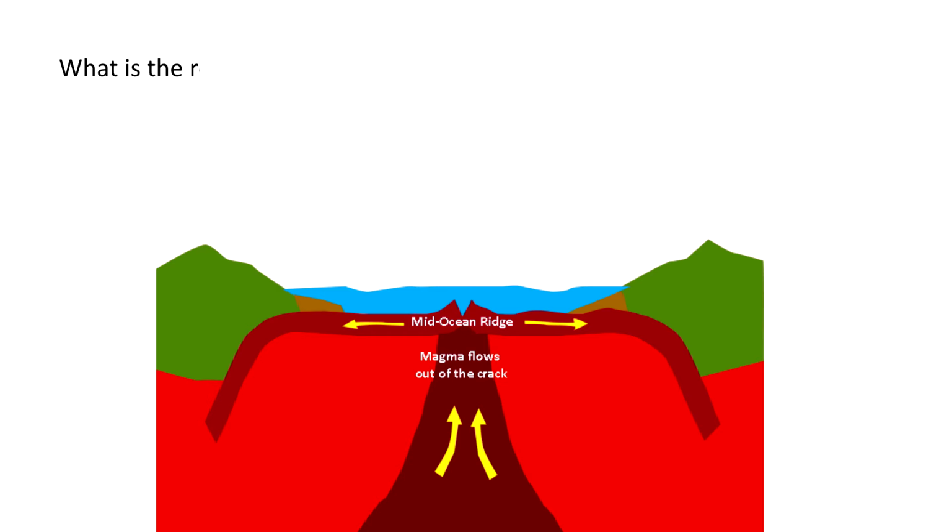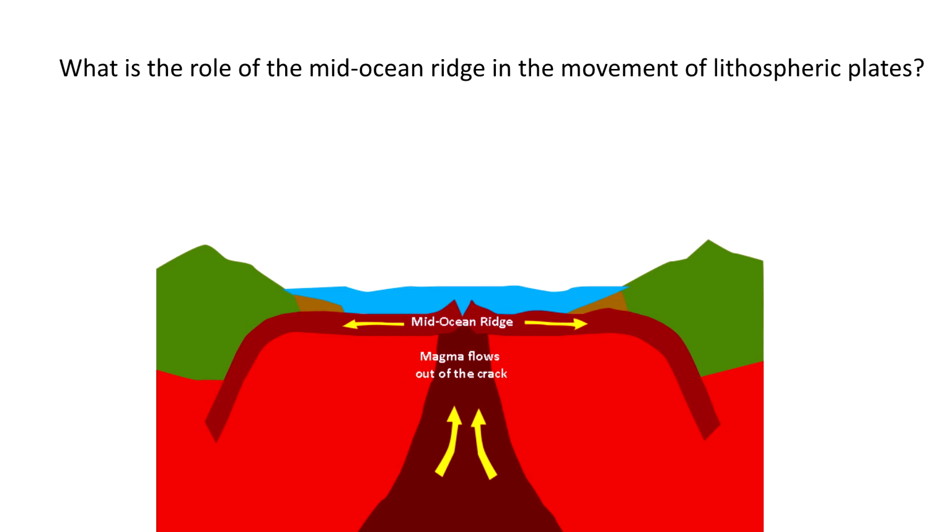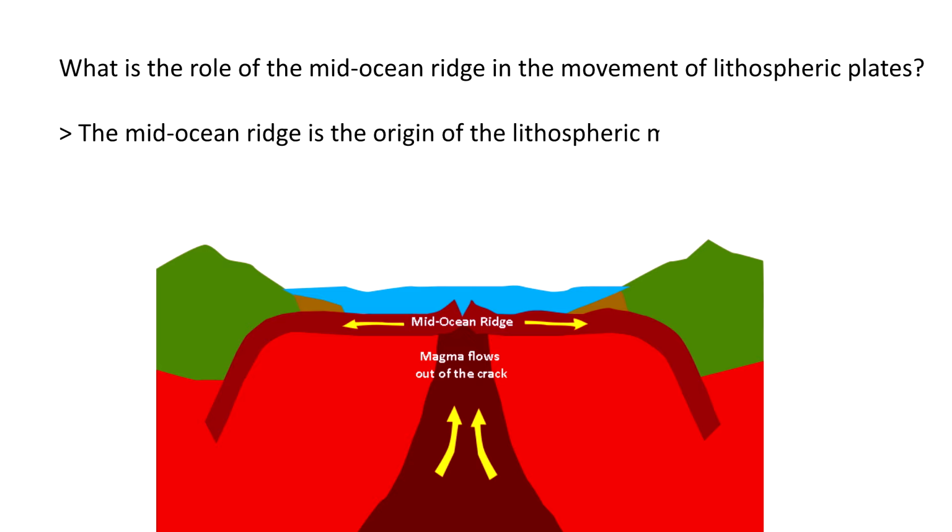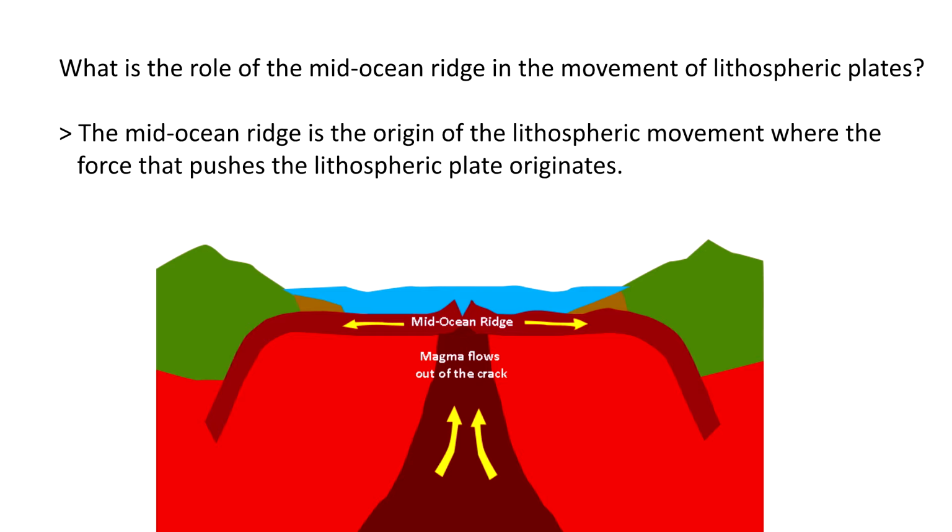What is the role of the mid-ocean ridge in the movement of lithospheric plates? The mid-ocean ridge is the origin of the lithospheric movement. It is where the force that pushes the lithosphere originates.